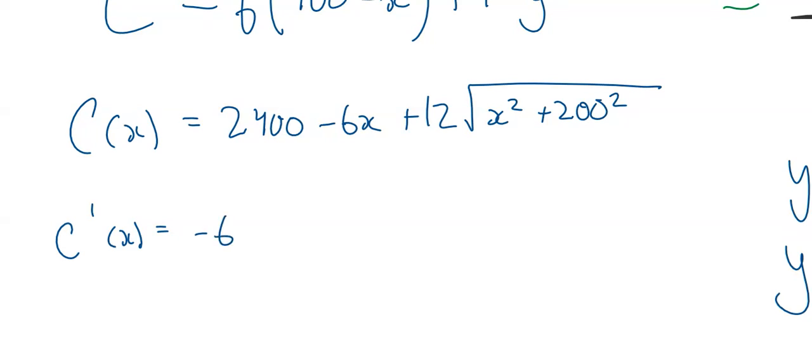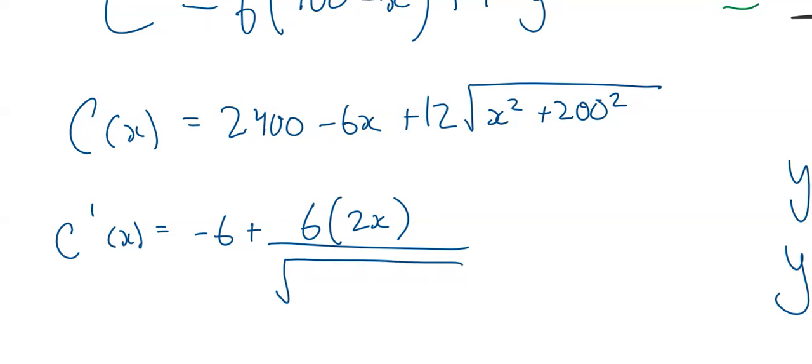So I'm going to do this quickly. If you wanted to take 2 steps, that's fine. But this is a square root, which is to the exponent 1/2. So 1/2 times 12 is 6, times the derivative of what's inside. And then when I subtract 1 from the exponent, it becomes negative 1/2. So it's over the square root of x squared plus 200 squared.